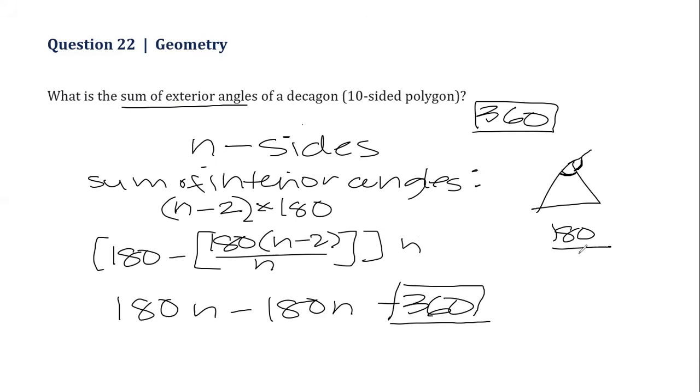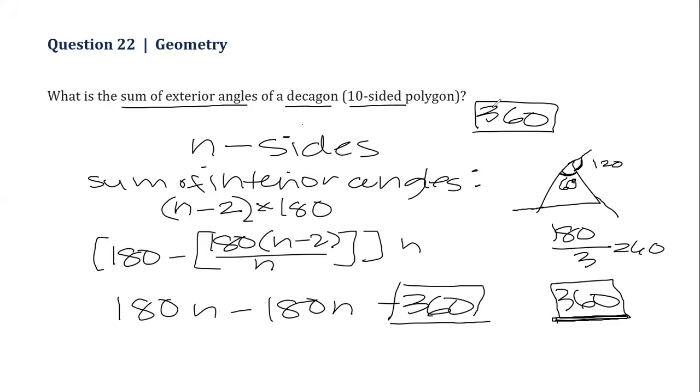If we divide this by 3, each interior angle is 60 degrees. So the exterior angle is 120, and if we multiply that by 3, we get 360. This result is true for any number of sides, so it is also true for a decagon, which has 10 sides. So yes, the answer is 360.